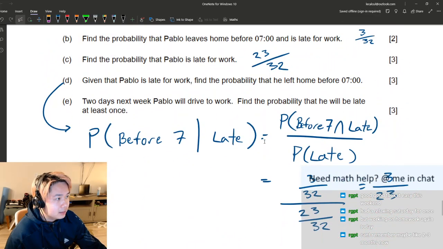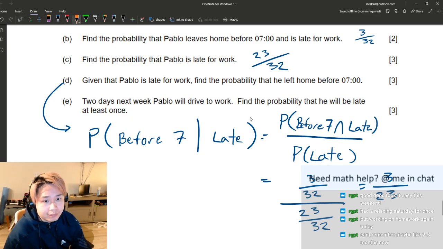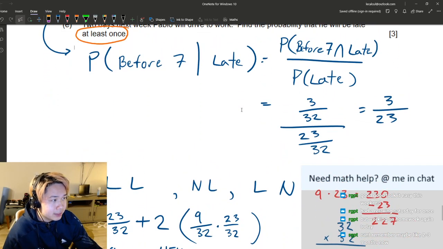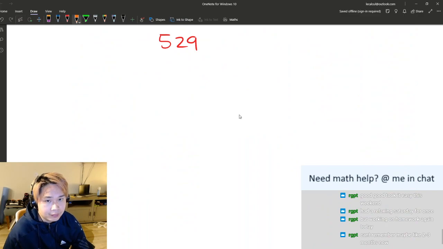Now, there is a shorter way to do this one. And that's probably the way that they wanted you to do it, to be honest. But if you need him to be late at least once, then there's only one option that he's not allowed to be, and that's being on time both times, right?